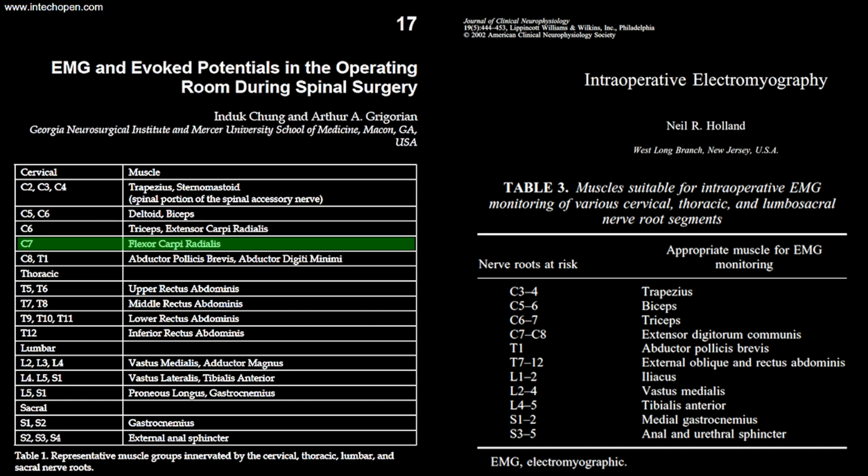For example, in the initial table, you can see that the flexor carpi radialis is chosen as the muscle to study in case of needing to monitor the C7 root, whereas in the other table, the suggested muscle to study the C7 root is the triceps or the extensor digitorum communis.